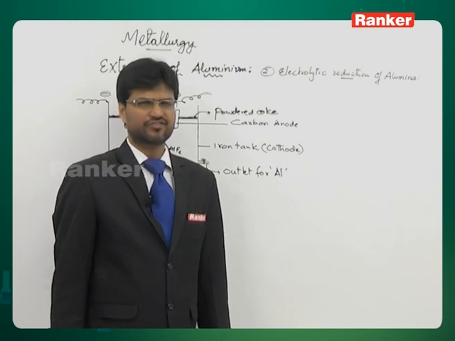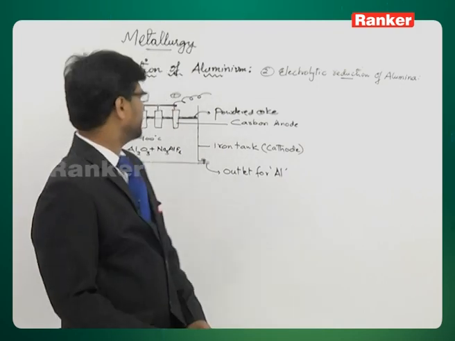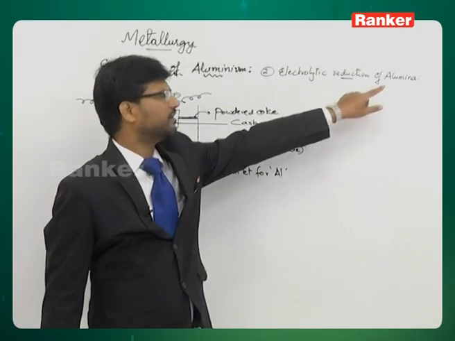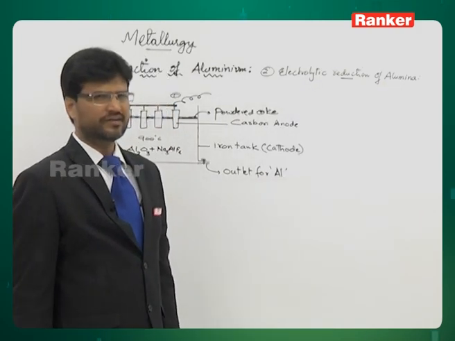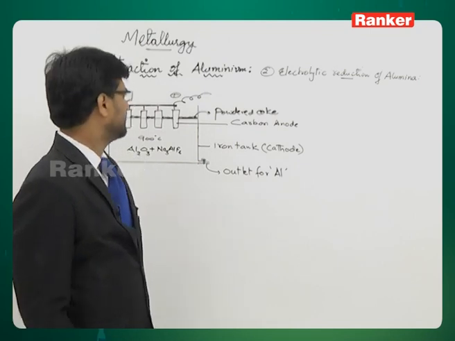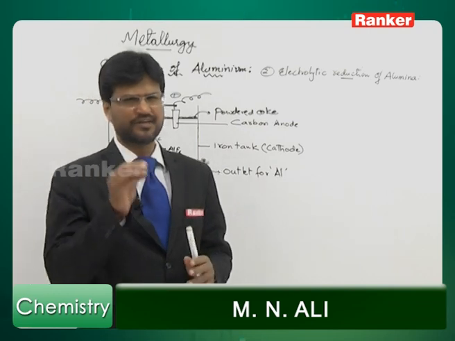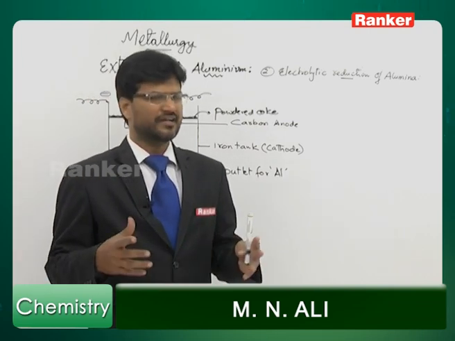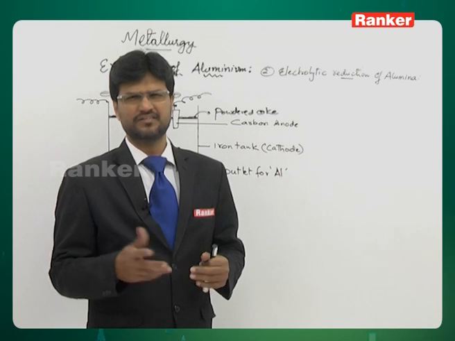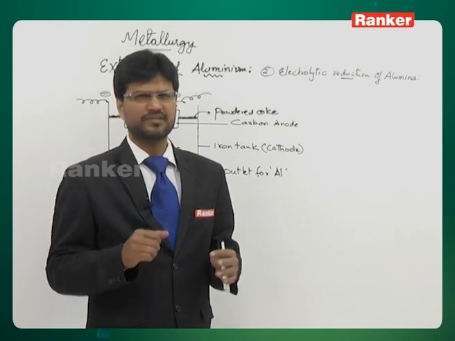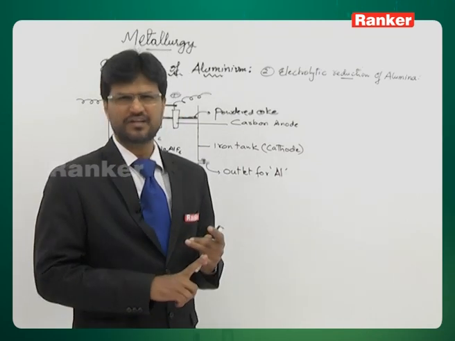The next stage in the extraction of aluminum is the electrolytic reduction of alumina. See, the biggest problem with alumina is its high melting point. It melts at a very high temperature, somewhere around 3000 degrees Celsius. Another big problem with alumina is it's a bad conductor of electricity.